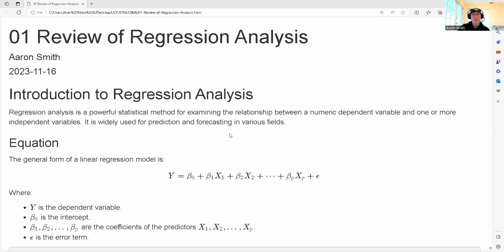All right, so for regression analysis, our equation is going to be a linear regression model of this form. Something to take a look at is that I have predictor variables, which are our independent variables. Here I've got P of them. P could be 1, 2, 3, 4, 5, any positive integer value.